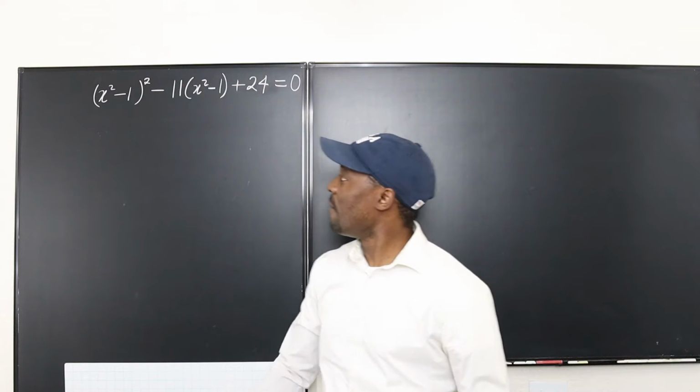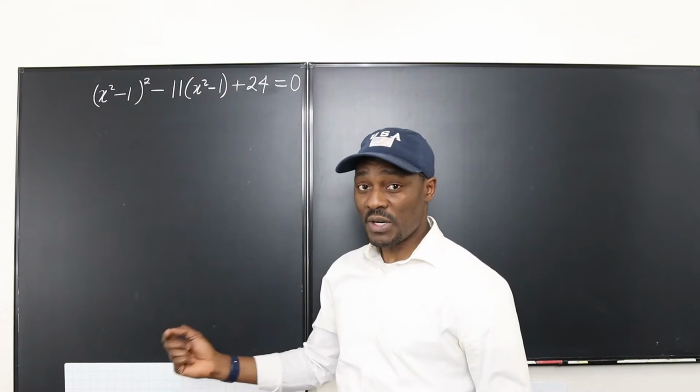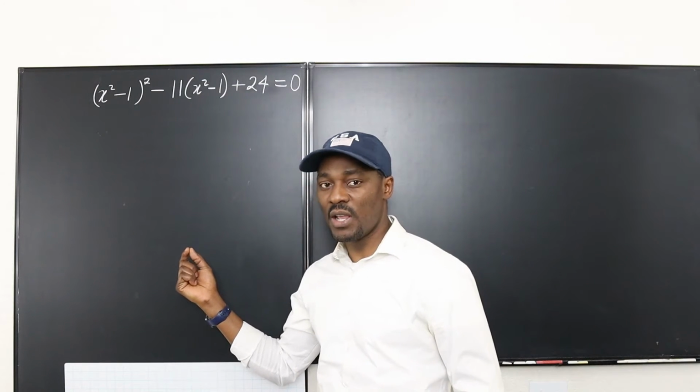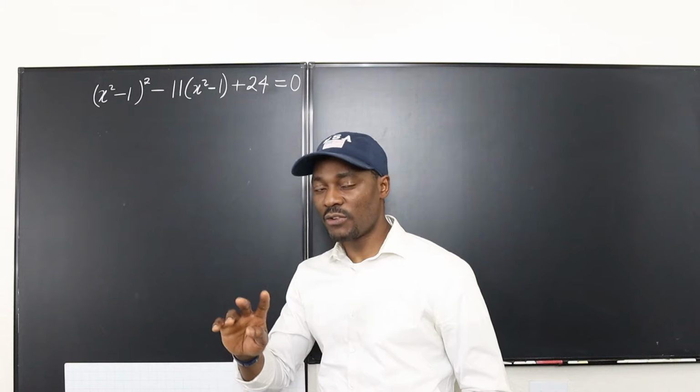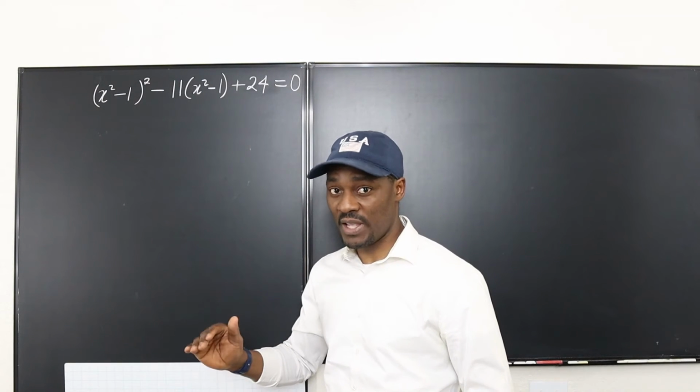Now, we can just do our substitution. What I'm saying in essence is that by the time you're done solving this kind of question, you should get 4 answers. Some of those answers may be the same, but you have to look out for that. Don't forget.